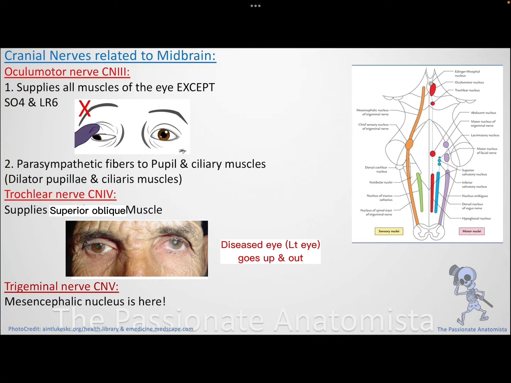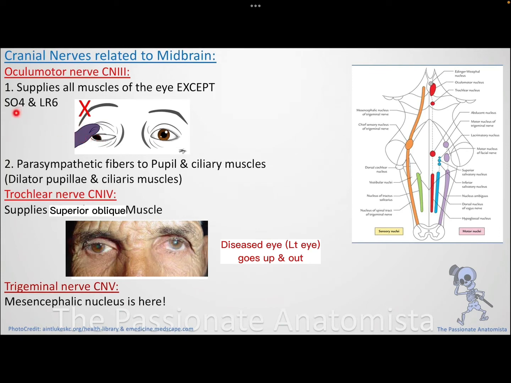It's your 3 and 4 cranial nerves. And also remember the trigeminal was giving us the mesencephalic nucleus here. So what does the oculomotor nerve do? It supplies all the muscles of the eye, except SO4 and LR6. What will happen if I have an injury to the oculomotor nerve? The lateral rectus muscle is going to be dominant.